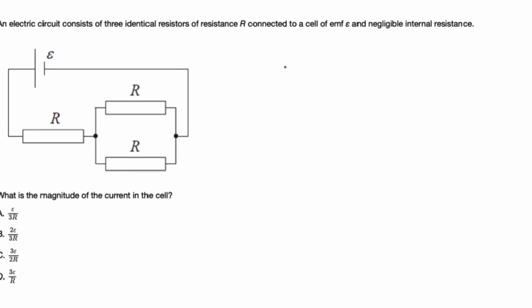An electric circuit consists of three identical resistors of resistance R connected to a cell of EMF and negligible internal resistance. What is the magnitude of current in the cell? Current is equal to EMF over R sum. For this problem, calculate the resistance of this part first.